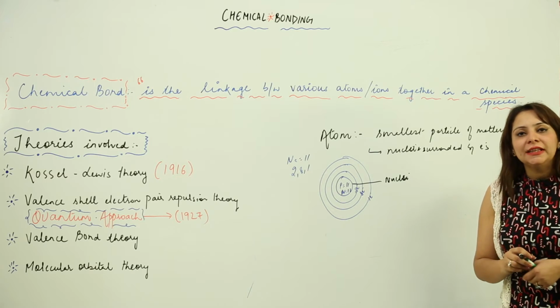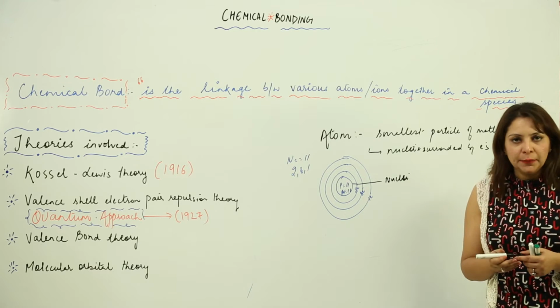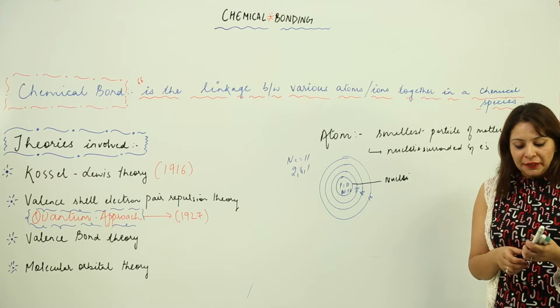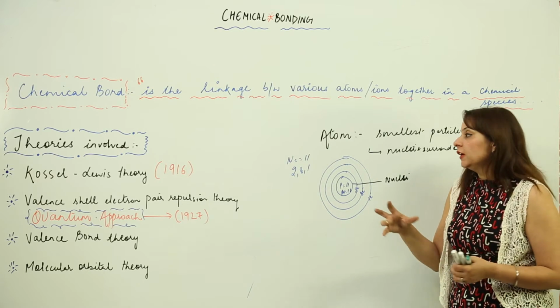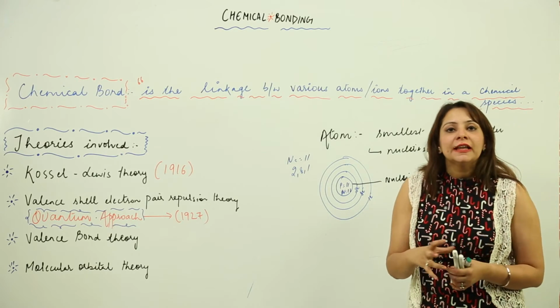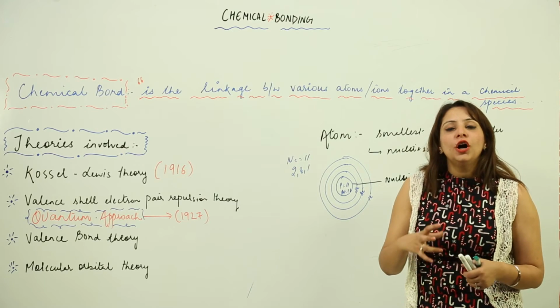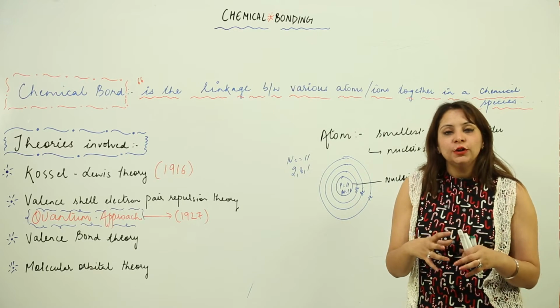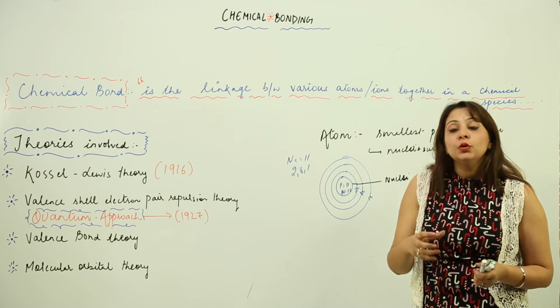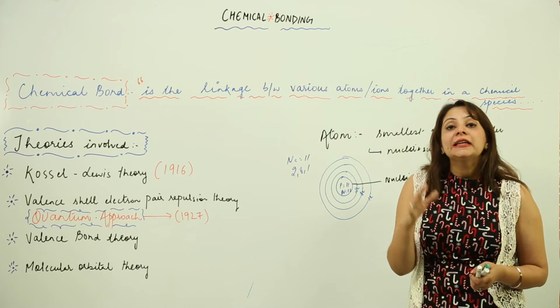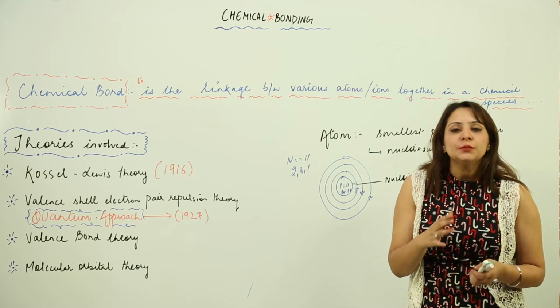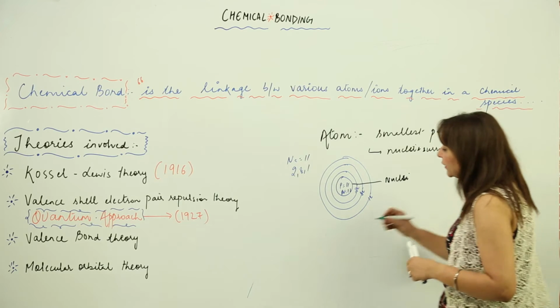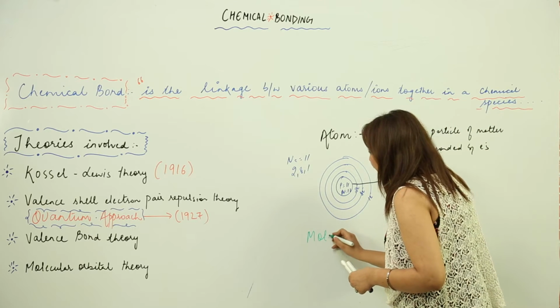As we have seen, atoms do not exist independently, or you can say they exist in a cluster. That means 2 or more atoms cling to each other in order to form one species, and you know that one species has a characteristic property. That is called a molecule.